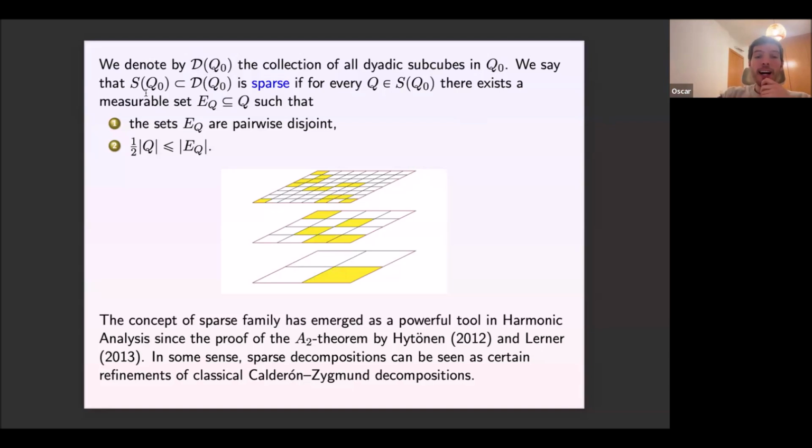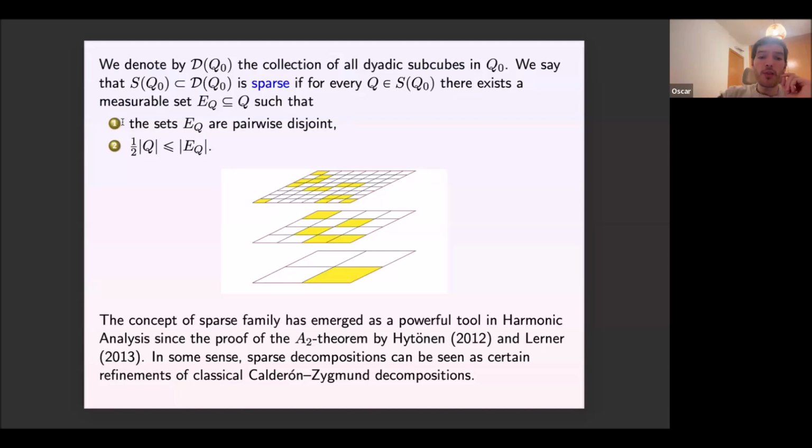We will say that a family S formed by dyadic cubes is sparse if for every element in the family there exists a measurable subset, say E, such that these two conditions are satisfied. The second condition tells us that the size of E is comparable to the size of the cube Q. The 1/2 is not playing any role here. One can replace 1/2 by any fixed constant eta between 0 and 1.